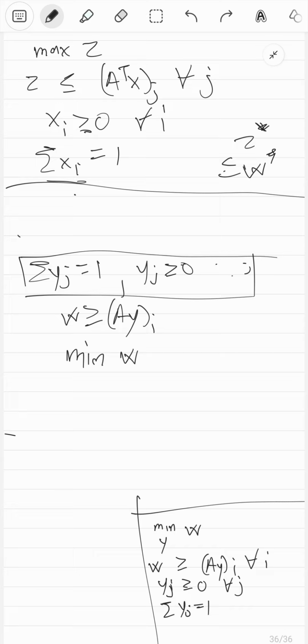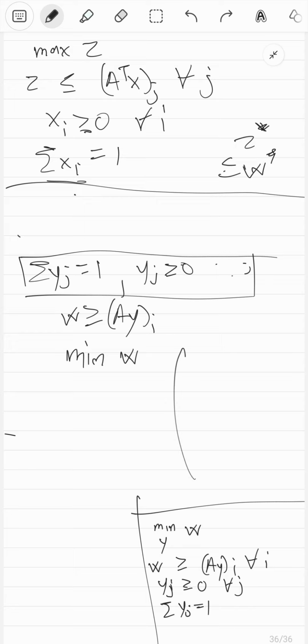And w is greater than or equal to this for all i, which is by the way already greater than or equal to 0, so you could erase that inequality. We want to minimize w, right? So if you solve this problem, you get the minimum value w star, that will be greater than or equal to z star, which is the maximum value of z from this problem.